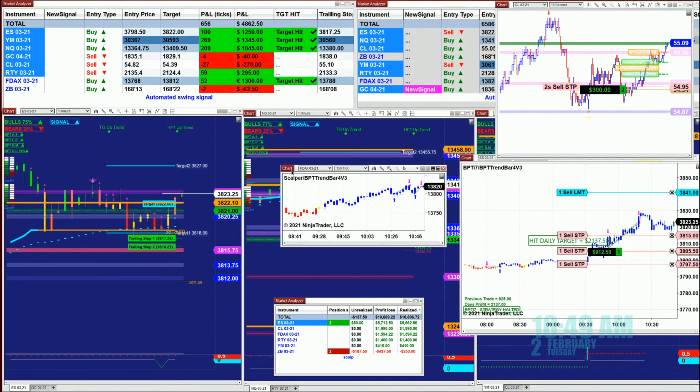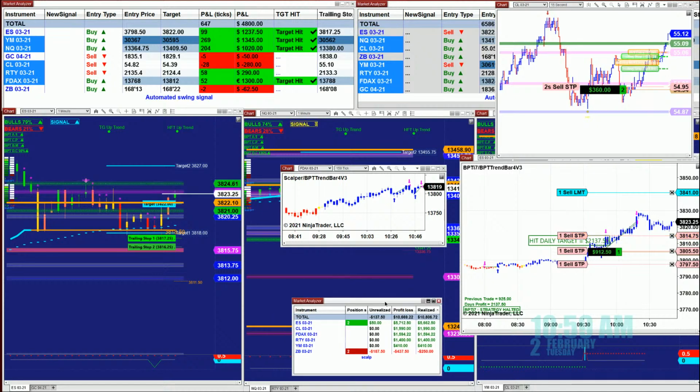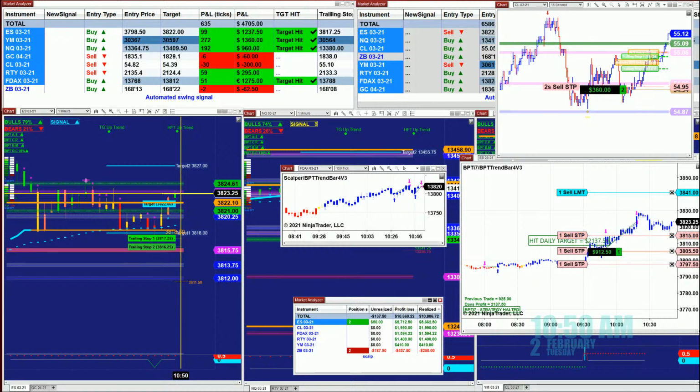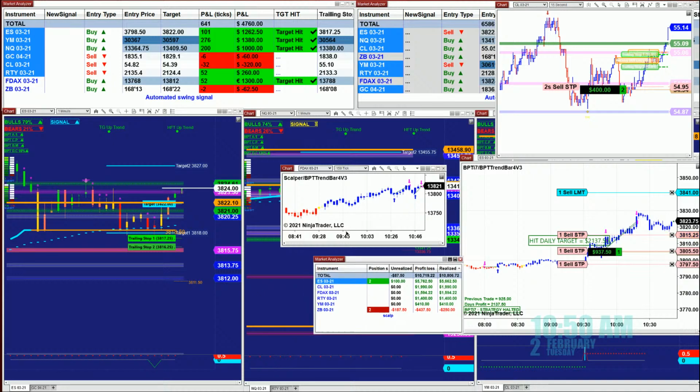And this is the ES trade long. Good luck with that. There is a double resistance here, so we'll see if it's going to make it.